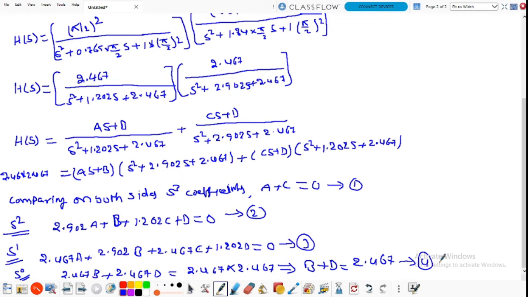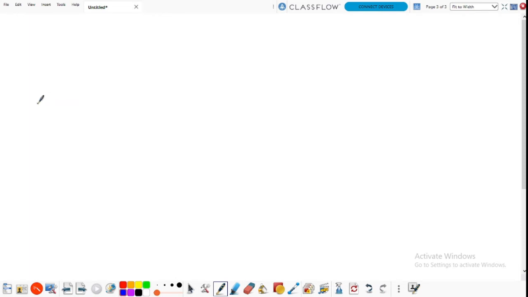Adding equation 1 and equation 4, this is equation 1 and this is equation number 4. Adding equation 1 and equation 2, we get A plus B plus C plus D is equal to 2.467.